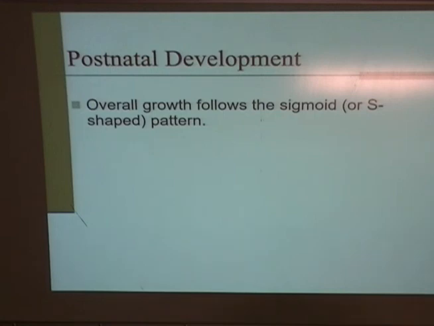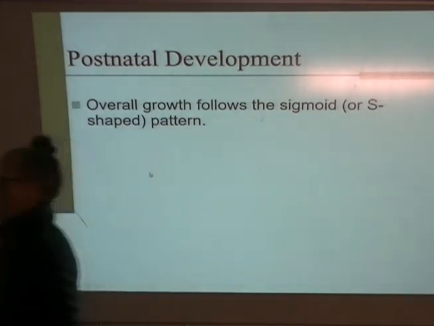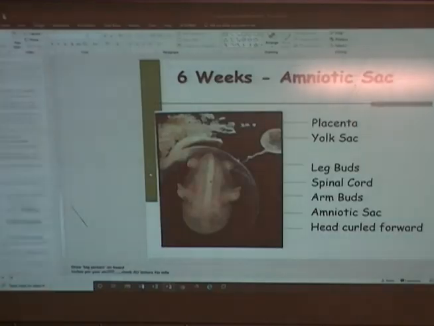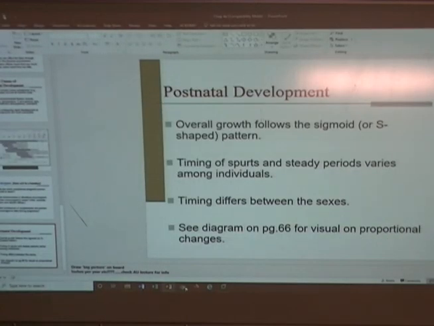So now we want to look at some postnatal developmental trends for a typically developing human, okay? So overall then, we have what they call a sigmoid, or an S-shaped growth curve. So let me draw that.